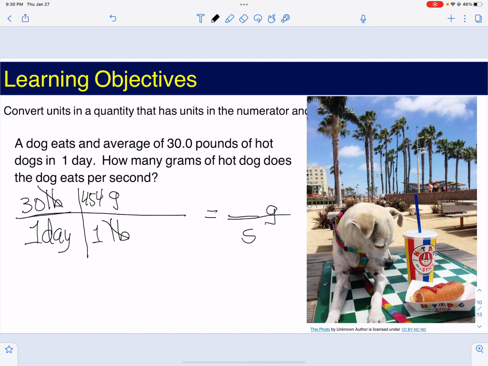And that takes care of the top number. So I got my grams. Now let's do my seconds at the bottom. So that means I don't want my days, but I don't know how many seconds I have in a day. So I'm gonna say hours. So 1 day equals 24 hours. So the day is gone. But now I need to get rid of the hours. And I know how to go from hours to minutes.